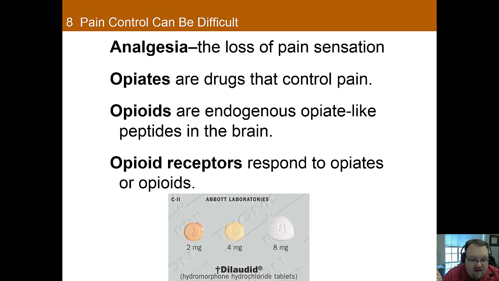Additionally, the body has endogenous opioids that help reduce pain naturally. Again, as the slides say, these are endogenous opiate-like peptides in the brain, and they can be released in order to help reduce the feelings of pain. And they, of course, interact with opioid receptors, which are the receptors that are activated either by these endogenous peptides or by opiate medications like Dilaudid.